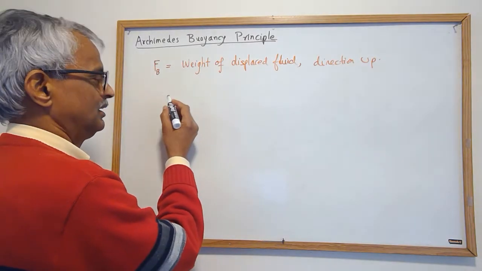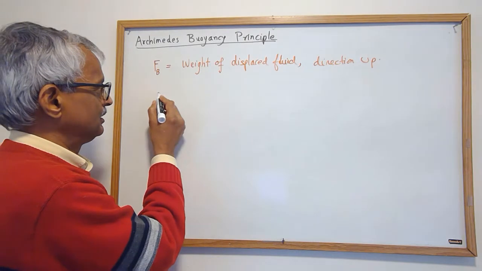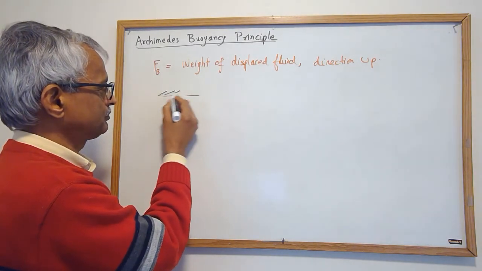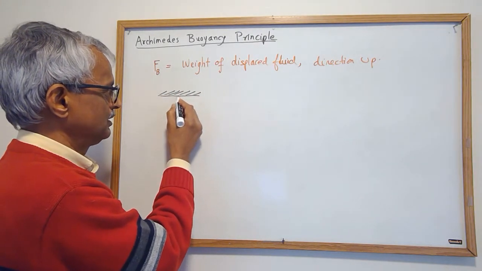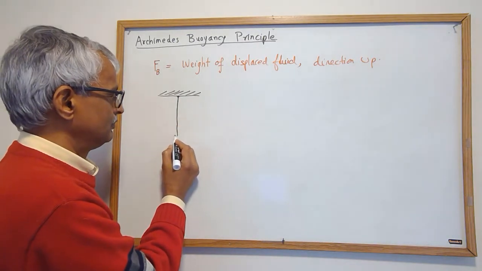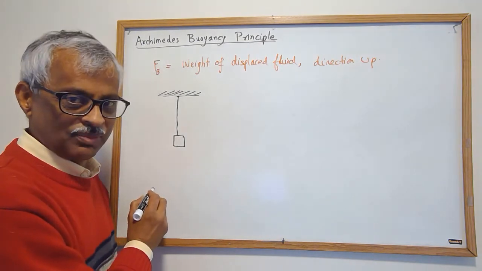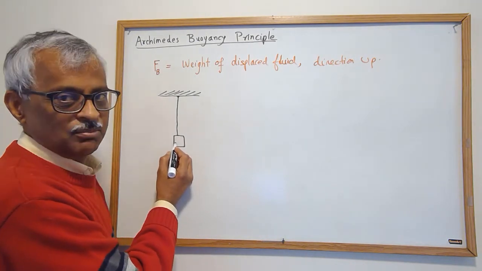So here is an example that may help. If I have some support, and here is a string, and there is a block. That block has a mass m.